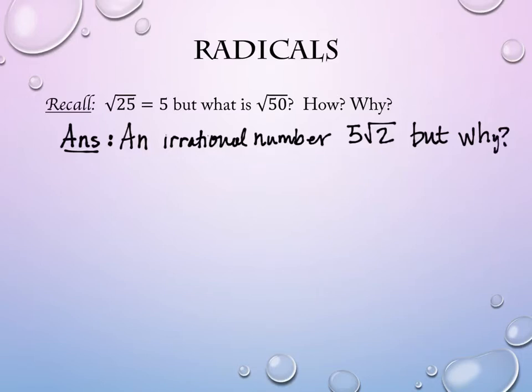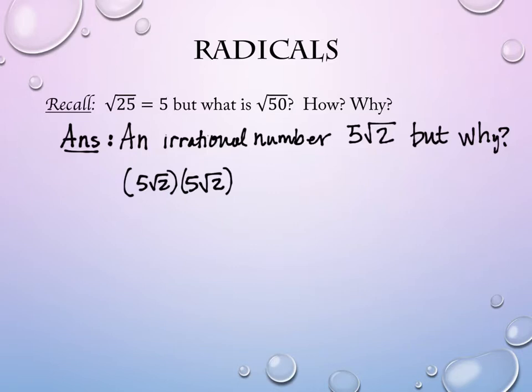So why is that the case? Well, to prove or justify that it actually works, if you take 5 square root of 2 and multiply it by 5 square root of 2, just like what we did in the section with scientific notation, it's all multiplication, which means we can shuffle the order around.